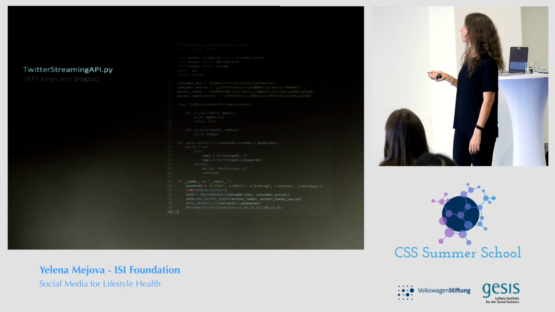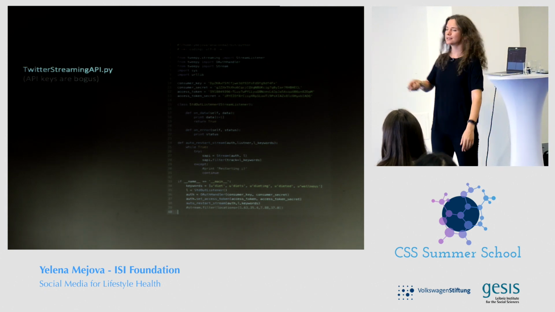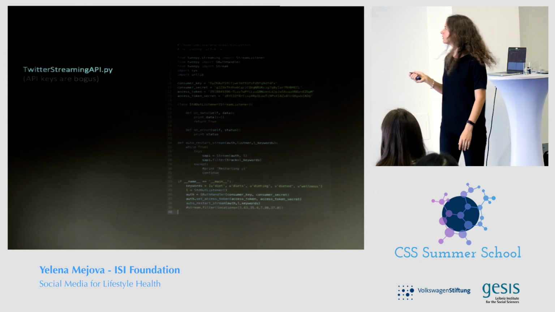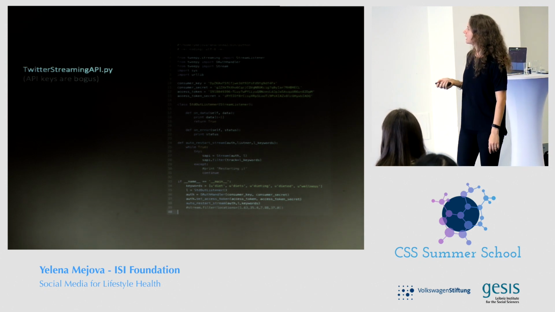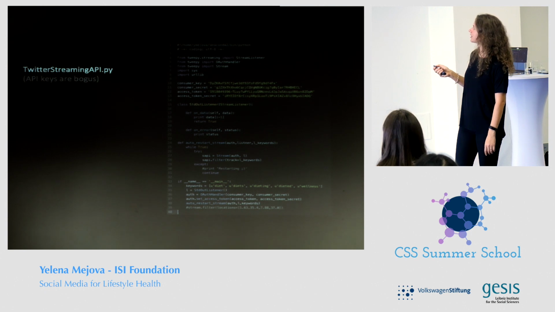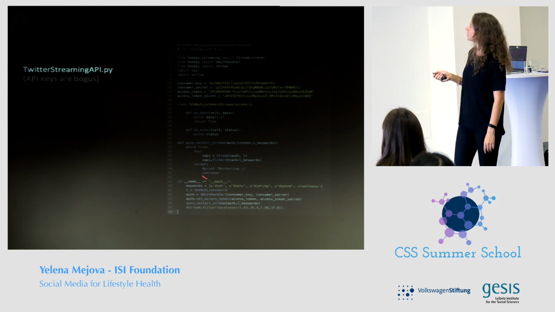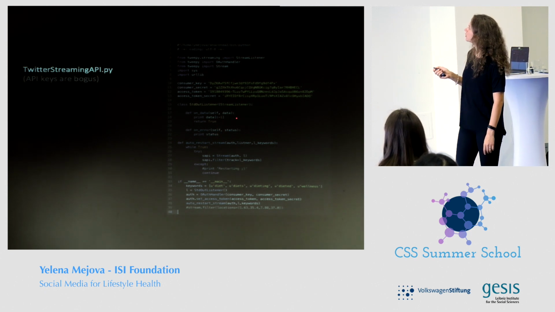So basically here I say my keywords are diet, dieting, etc., whatever. Sometimes it's much longer than that. And then I just sign in with my authenticator. I send this information, I say, okay, give me the stream, and I just dump it outside.